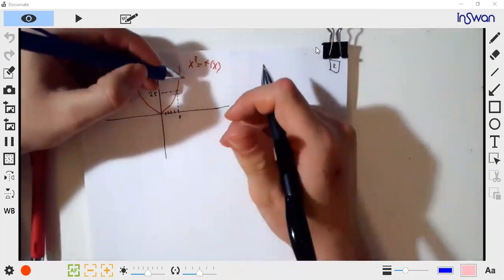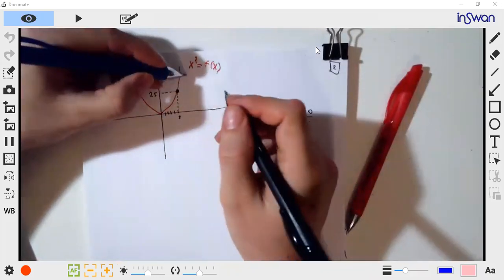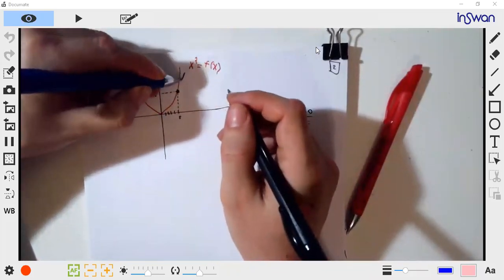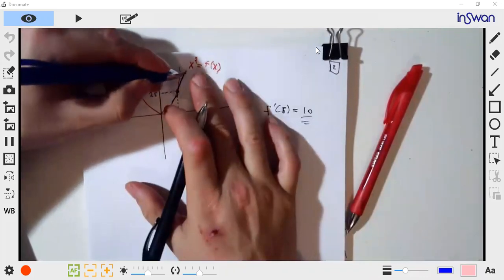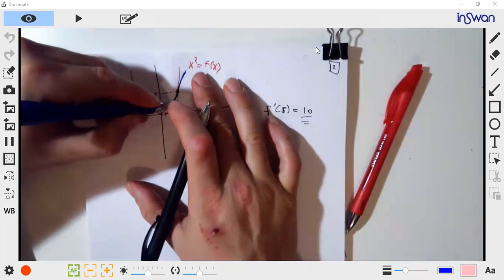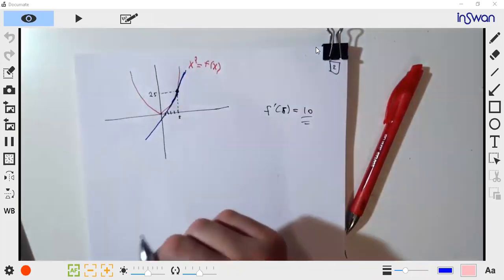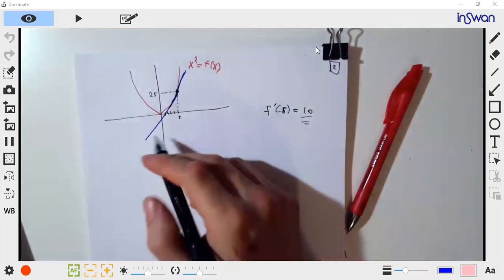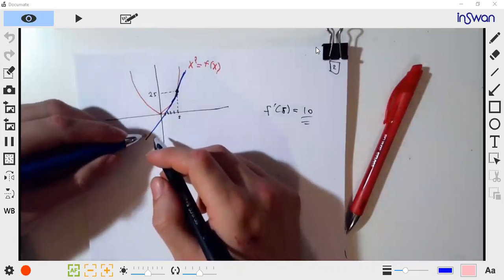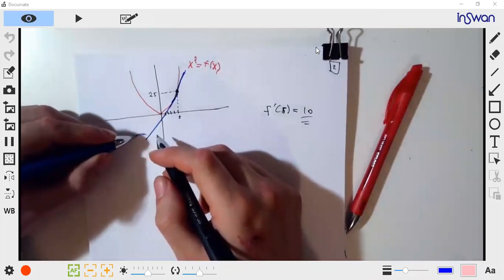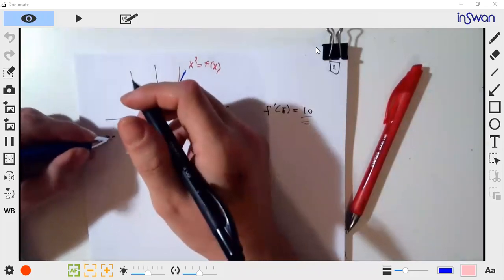We say that the slope of the tangent line at this point right here, by our calculations, let's make it a true tangent line. There we go. According to our calculations, the slope of this line in blue has value 10. So the slope of this line, m, is equal to a positive 10.